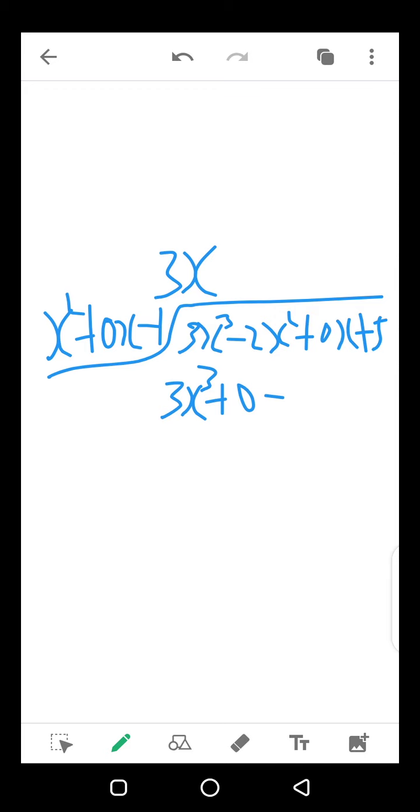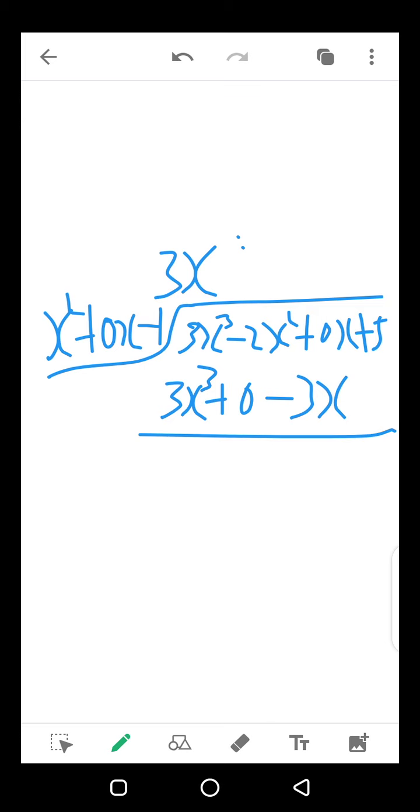Now this 0, look at this thing. The 0 must be under 2x raised to power 2. Times this, we have 0. Now this times this, we have 0 minus 3x.